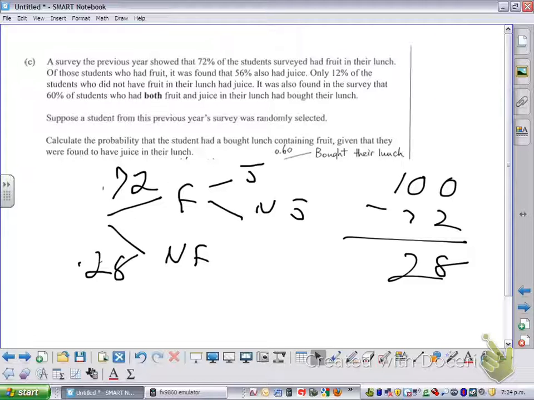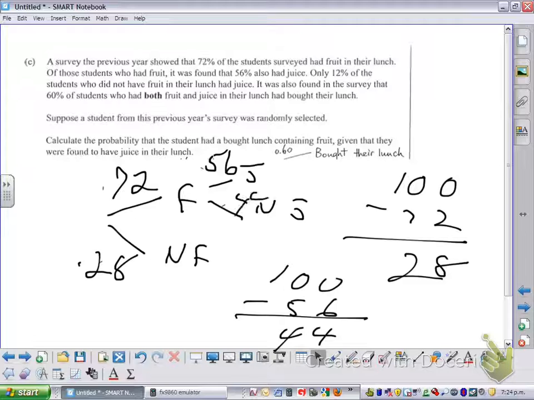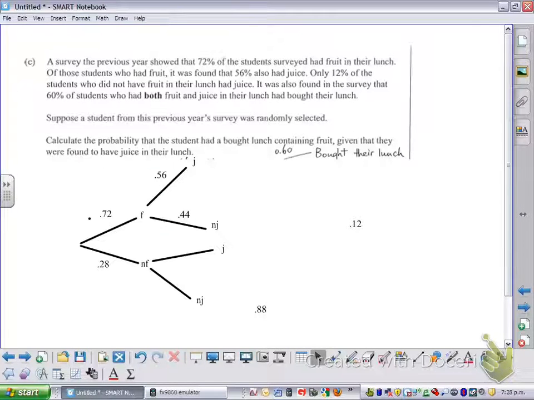Of these students who had fruit, it was found that 56 had juice, so this is 0.56. And we can finish this off and draw it and sort it out up to this point if you want. So if you've got 100 minus 56, you're going to have 44. So 0.44 had no juice, and so on. And then if you need this branch over here, you can do juice and no juice, and so on. So we've got this drawn. Okay, so let's look at where we are with things.